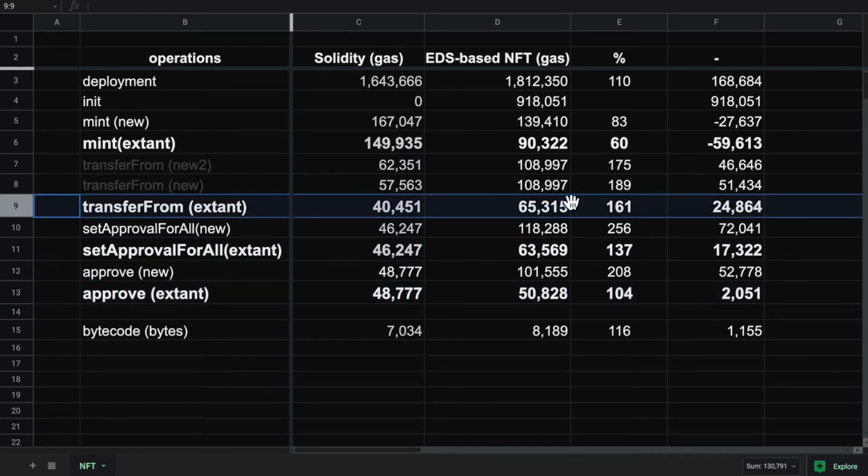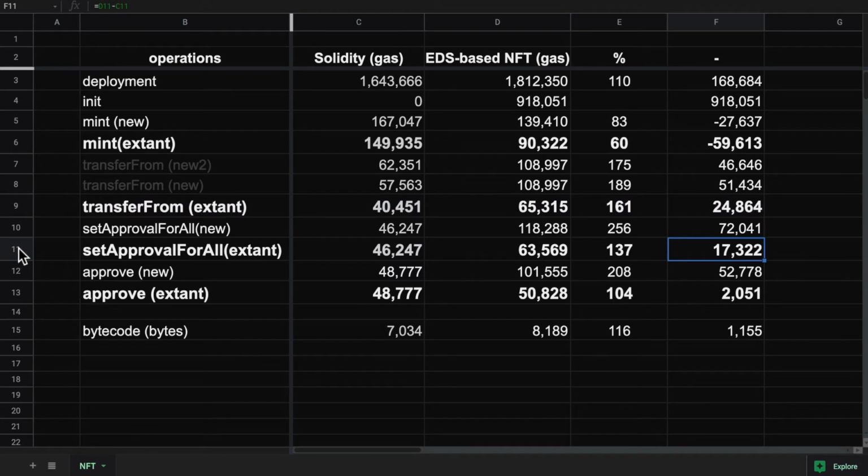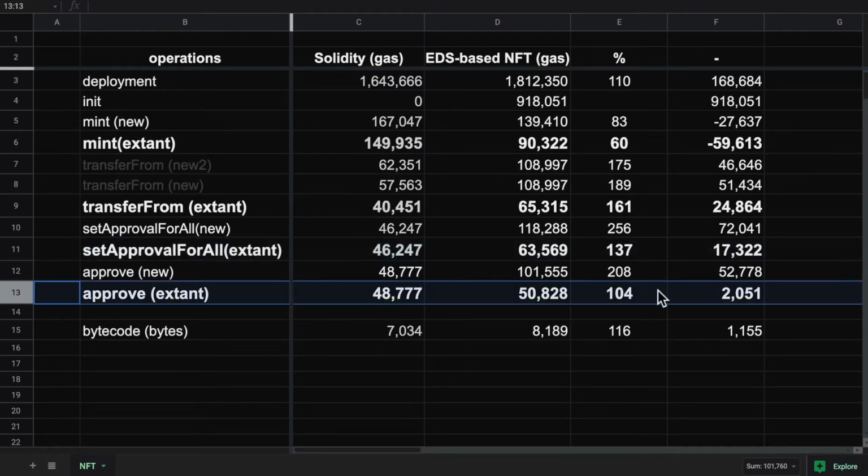We have an additional 24,864 gas units for transfers, 17,322 additional gas units for setting an operator, and 2,051 additional gas units for setting an approved address.